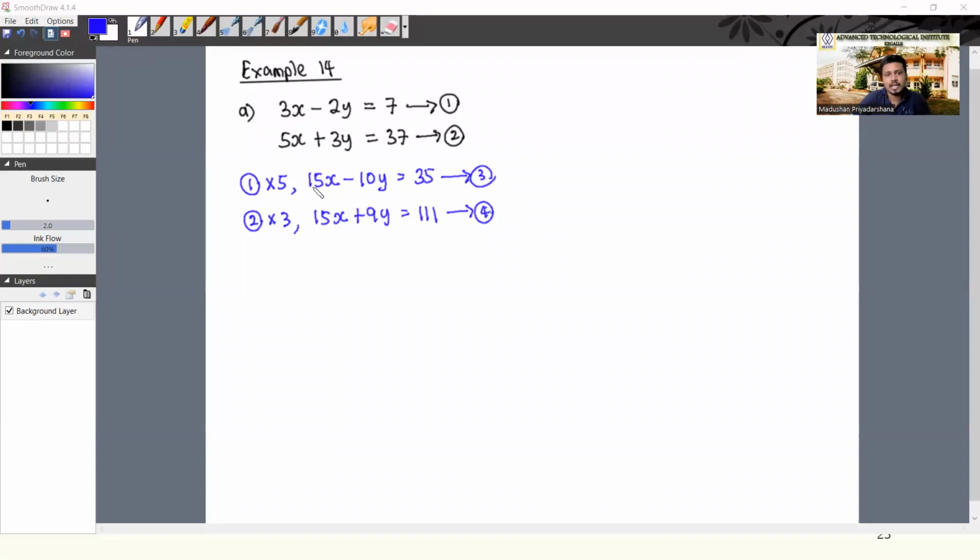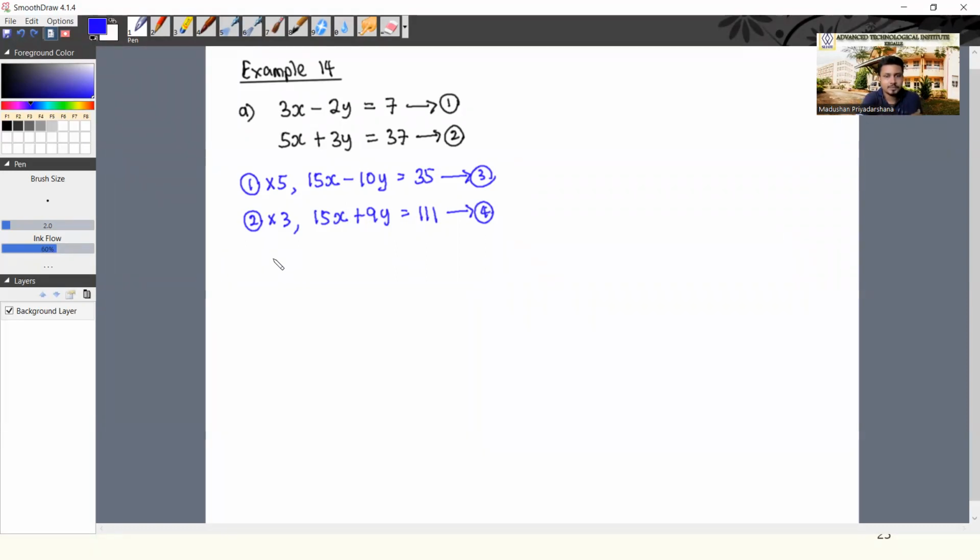For that, with respect to equation number 3 and 4, do we need to add or deduct?